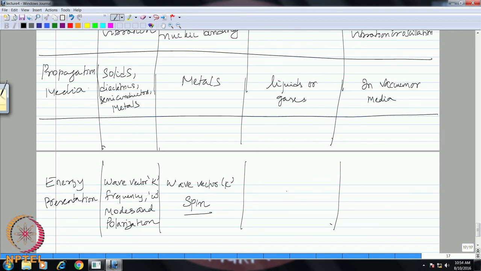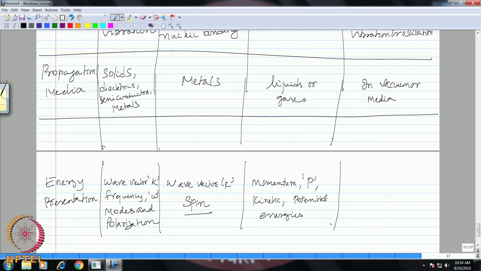Now, if you go to the molecules, we are primarily talking about momentum of these gas molecules, momentum p, and then we are also talking about kinetic and potential energies of these molecules.